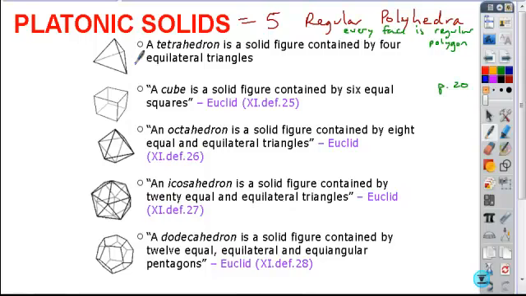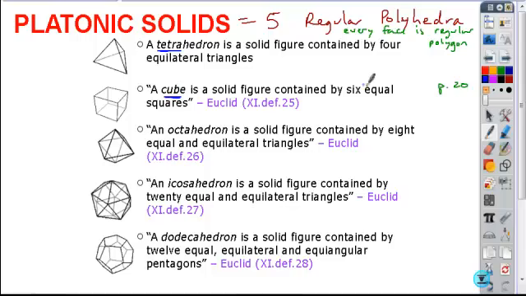A tetrahedron is the Platonic solid with 4 equilateral triangles. Tetra is the prefix meaning 4. A cube is the Platonic solid with 6 congruent squares.